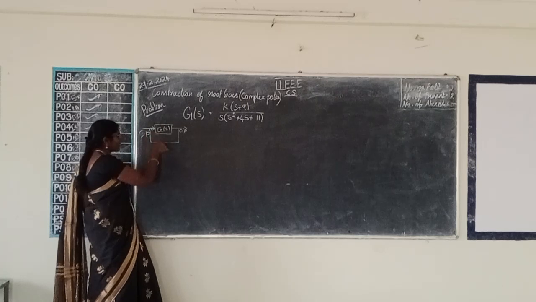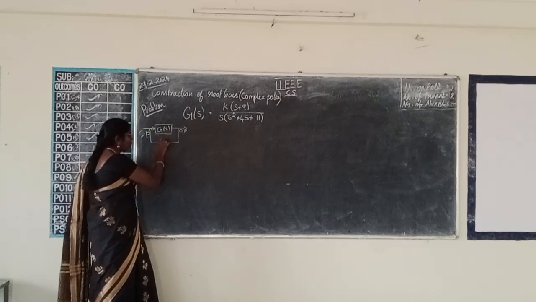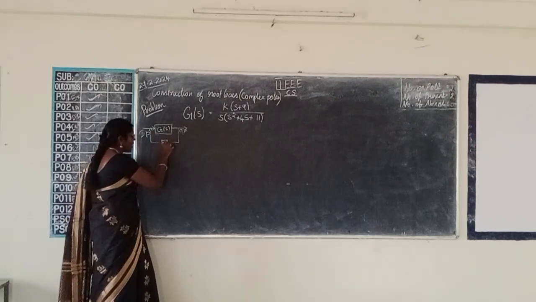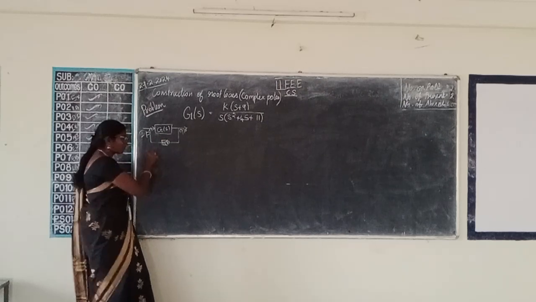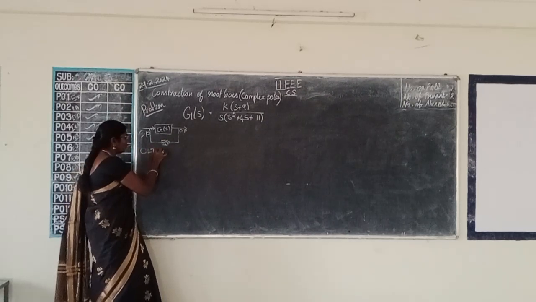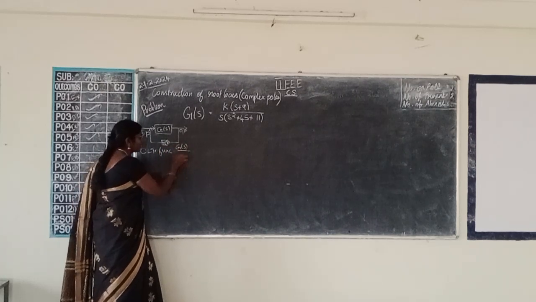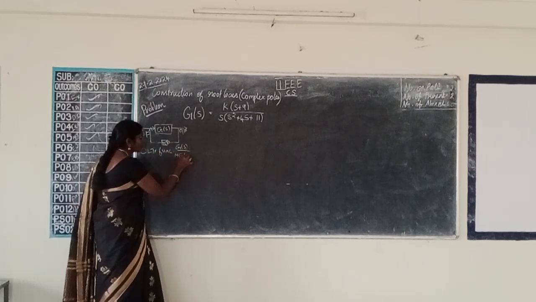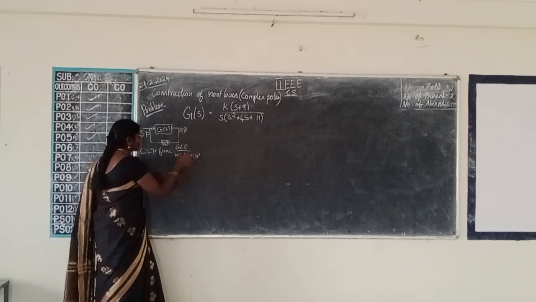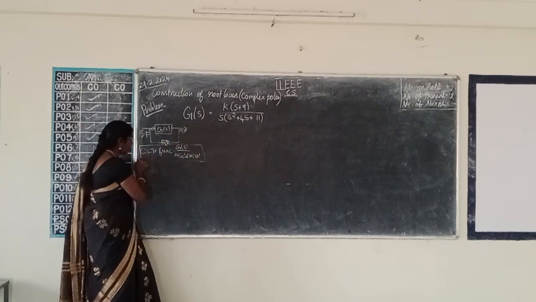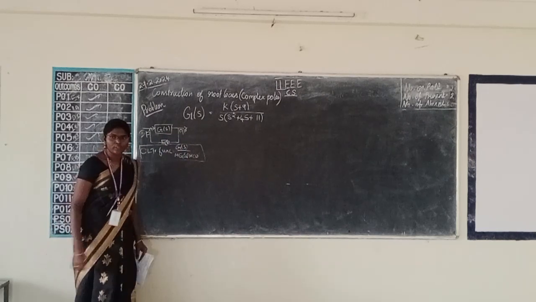If the system contains feedback, there will be a block H of s. The closed loop transfer function will be G of s divided by 1 plus G of s H of s. This is the formula you already know.